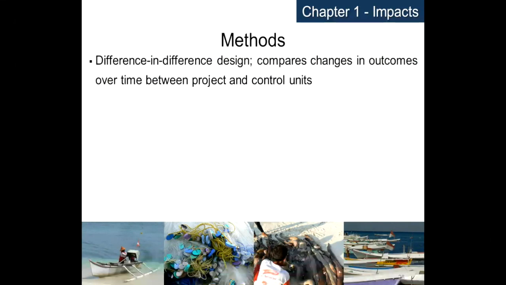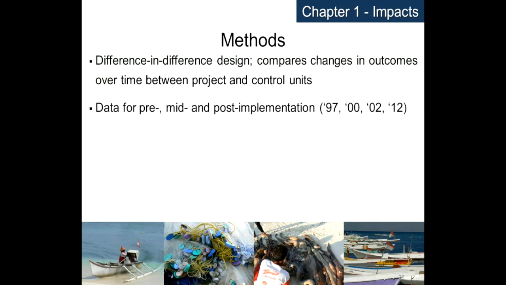So I drew on a difference in difference design, which is like a before-after control impact design, a BACI design. Essentially this involves comparing changes in outcome indicators, here poverty indicators, over time between project and control sites. To do this, myself and my co-authors, in particular Richard Polnack, collected data at 4 points in time listed here, and these were pre, mid and post-implementation.